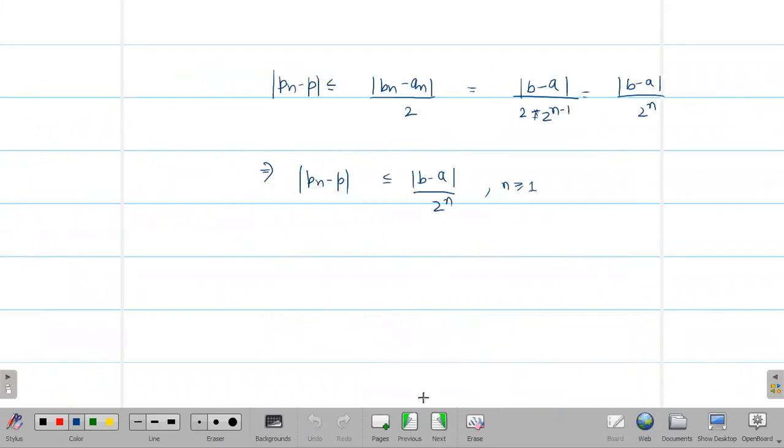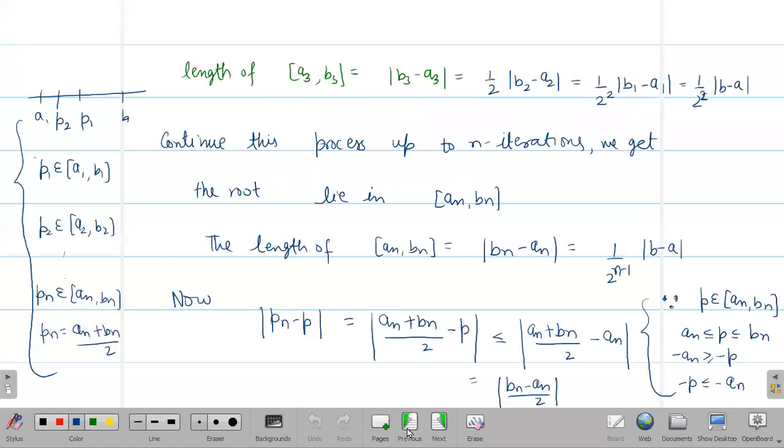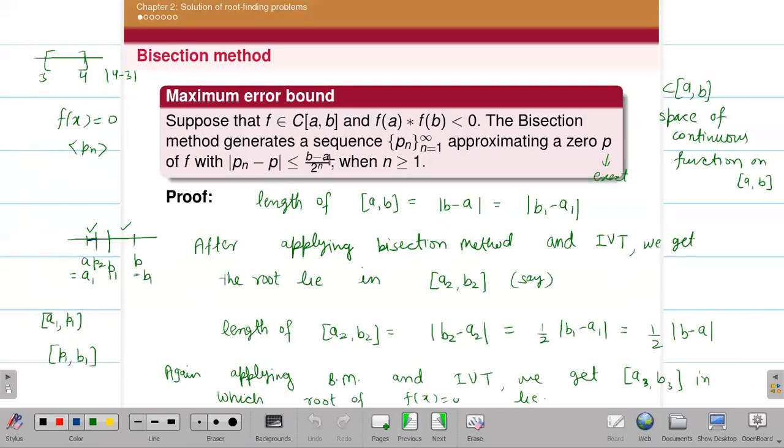So let us take one example, because this maximum error bound will help you to find the number of iterations also, because here n is the number of iterations. It means after n iterations, you are getting this maximum error bound. So if I want to achieve this error bound, then I can find the number of iterations also.